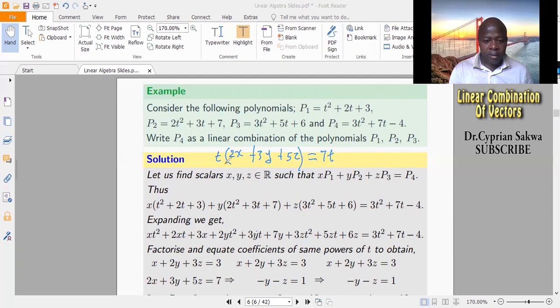So t would cancel out, and I'm left with 2x plus 3y plus 5z equals 7. So that is this equation. Then finally, I equate the constants, those without t. So I have 3x plus 7y plus 6z equals -4. So those are the constants.